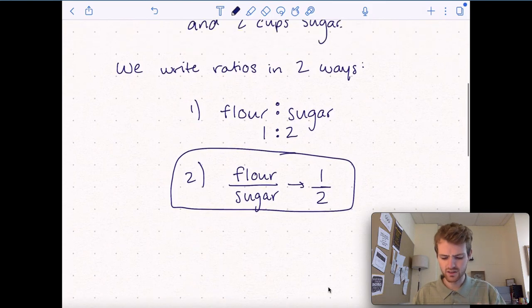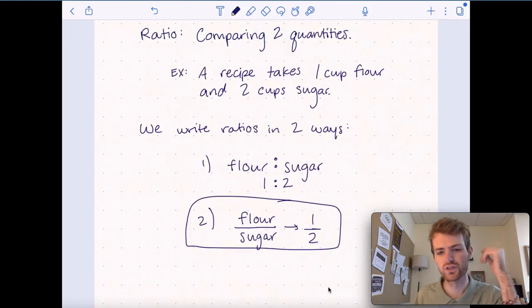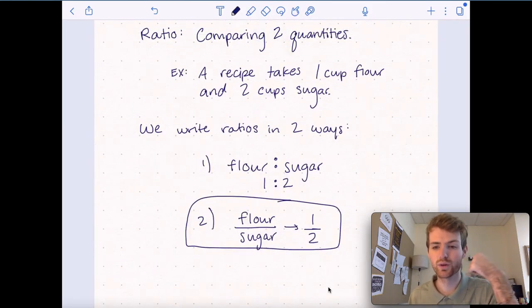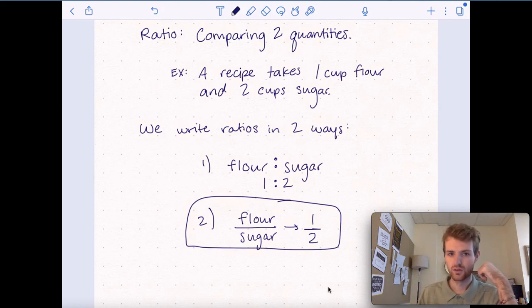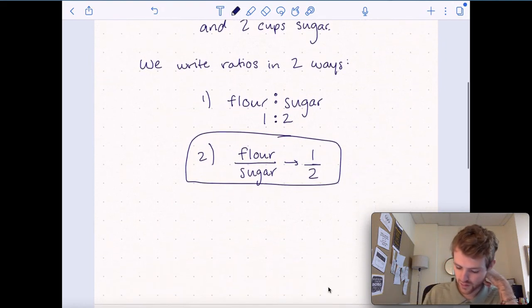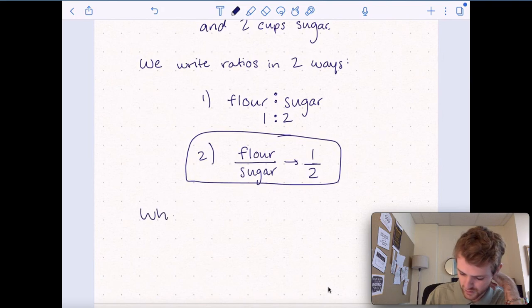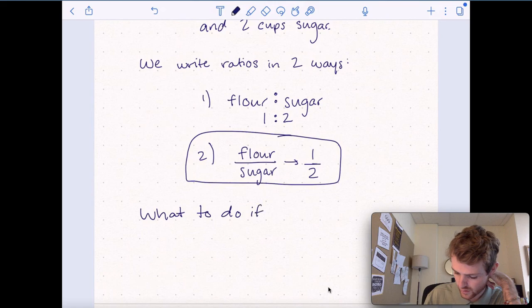So if I took this recipe, 1 cup flour, 2 cups sugar, and I asked you to triple it, what would you do if you triple the recipe?